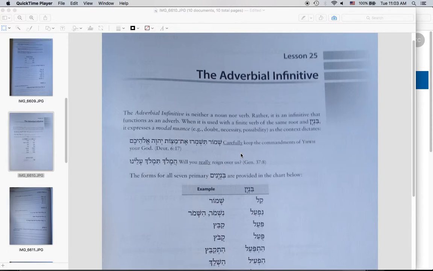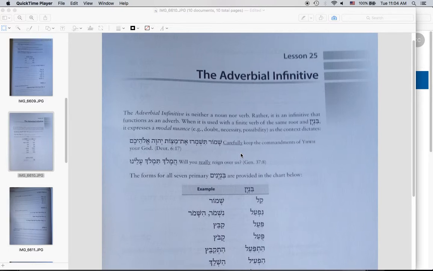When it is used, we will almost always see the adverbial infinitive preceding a verb that has the exact same root as what we see in the adverbial infinitive. So it's rather straightforward, because we always or almost always see it just like this.